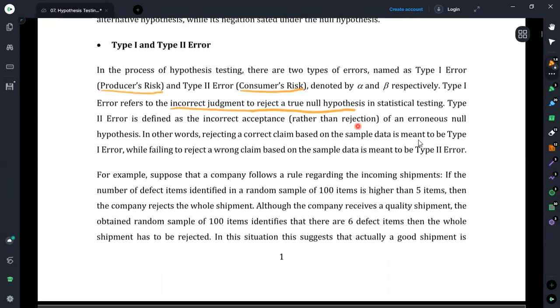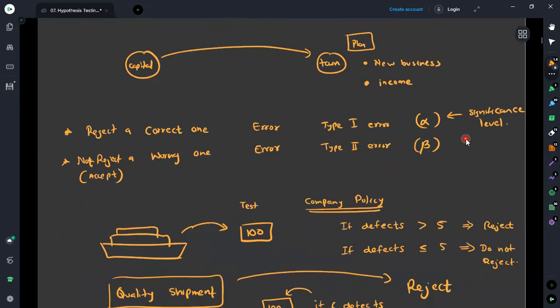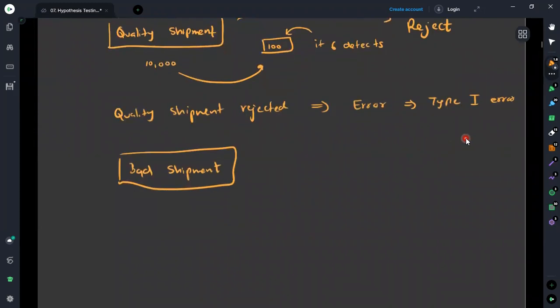And the next thing is, let me explain the next situation. Suppose that actually they have got a bad shipment. Still we do not know, but the company has anyhow made the shipment with these 10,000 items.